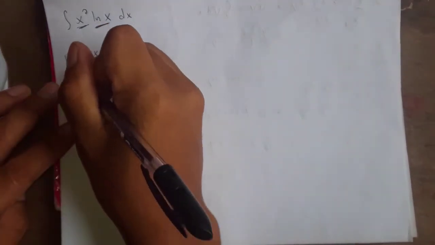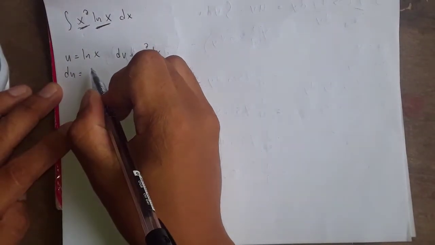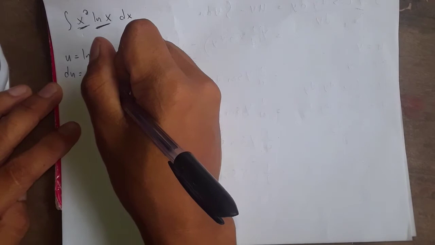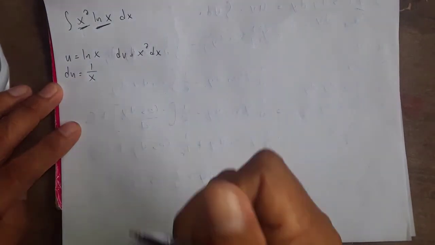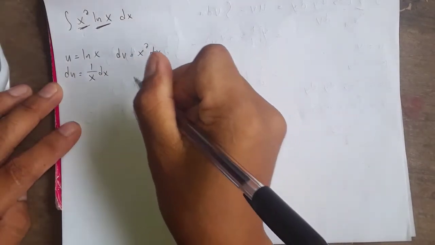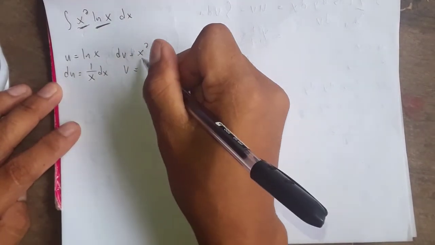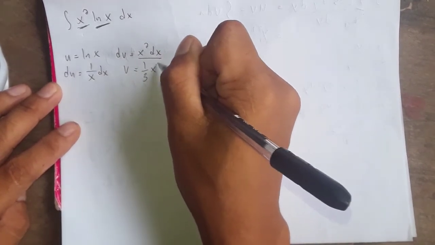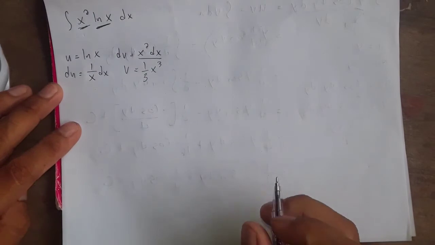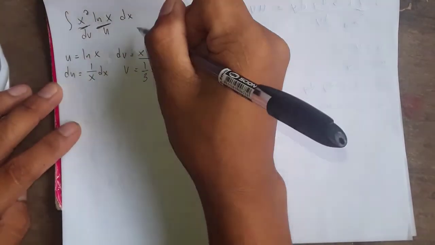So therefore, by finding our du, we have the derivative of ln x is 1 over x dx, and by finding our v, which is the integral of this function, which is equal to 1/3 of x cubed.